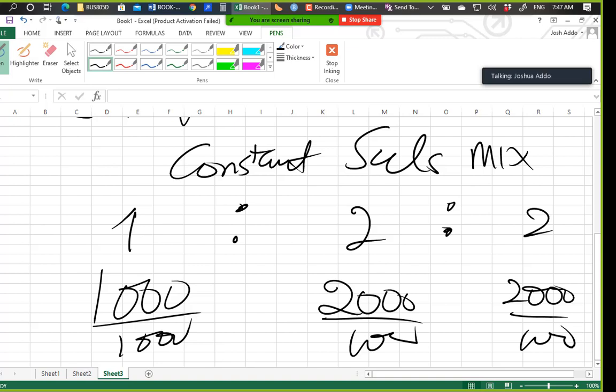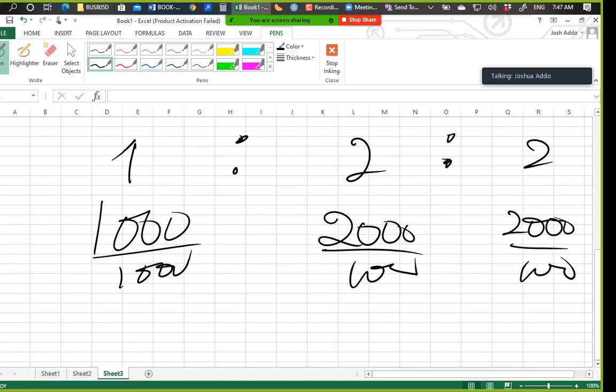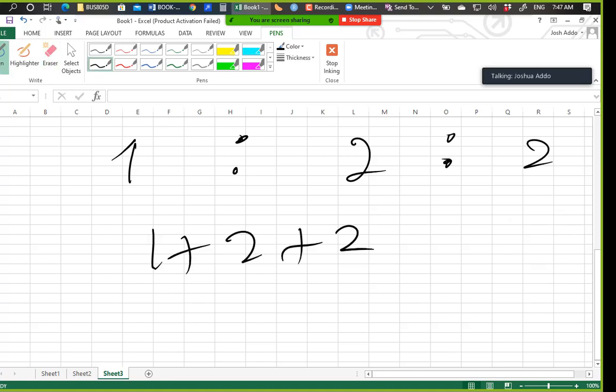The sales mix can also be put in percentage. When we have 1:2:2, the total ratio between them becomes 1 plus 2 plus 2, which is equal to 5. This is the total ratio between them.